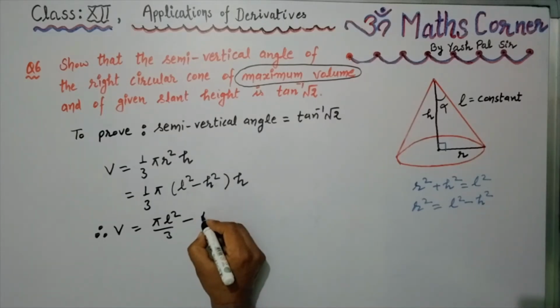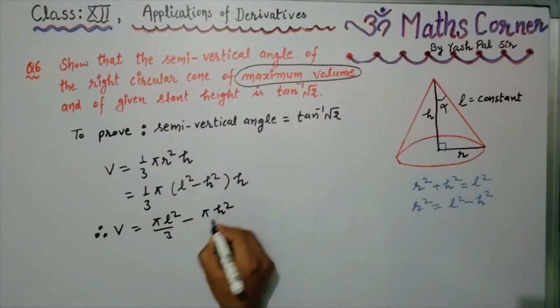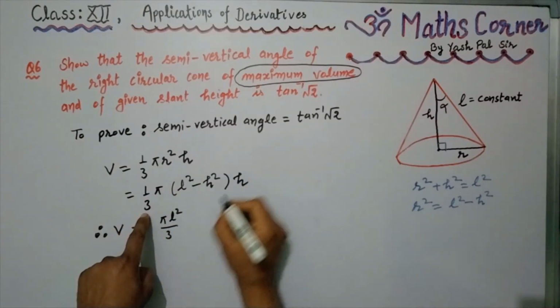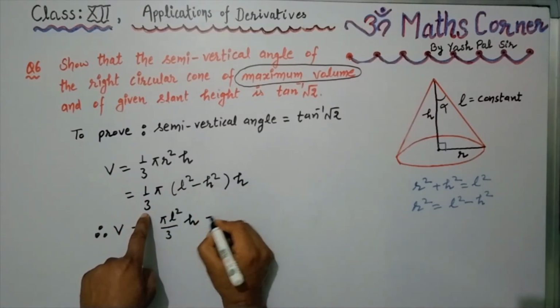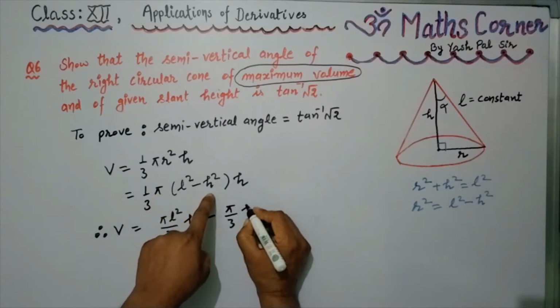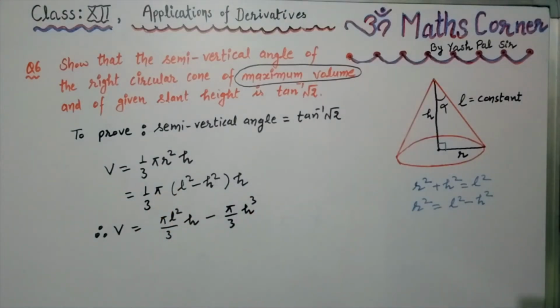Simplifying this, we have V equal to pi L square upon 3 into h minus pi upon 3 into h power 3.